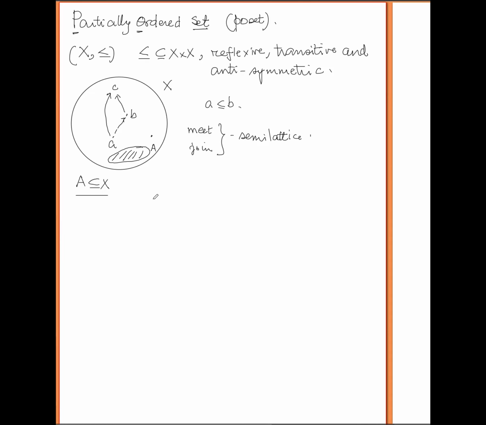Obviously, we can call an element X an upper bound of A. Can you say what is the most natural way to describe an upper bound?